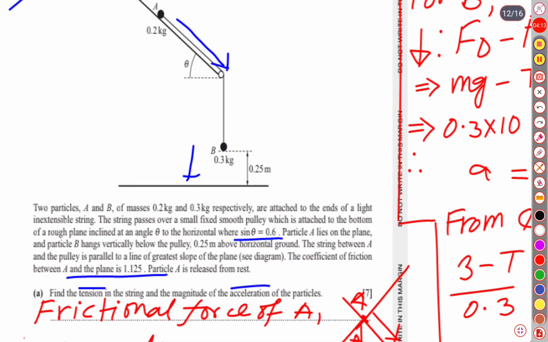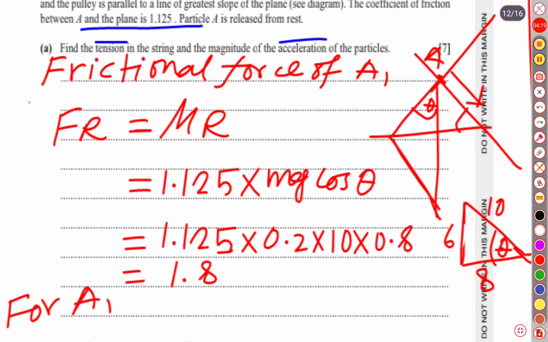Once again I am repeating, whenever a rough surface or rough plane is mentioned, first of all we will find the frictional force.